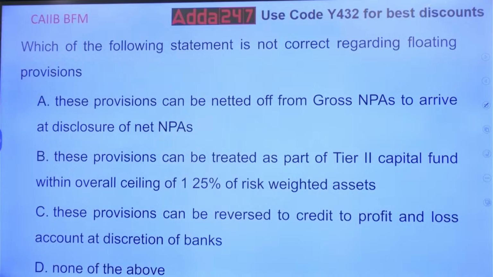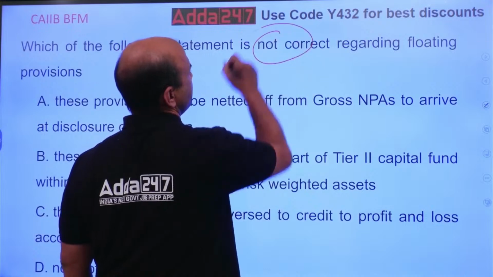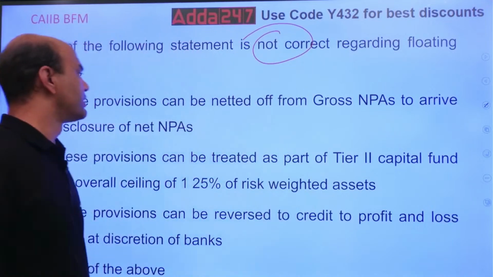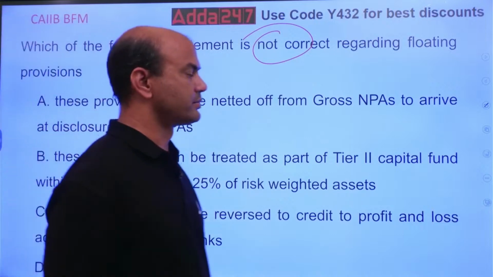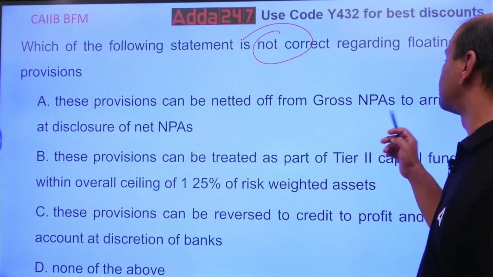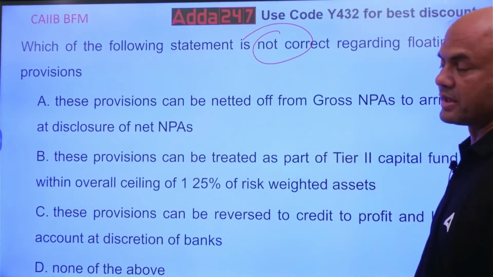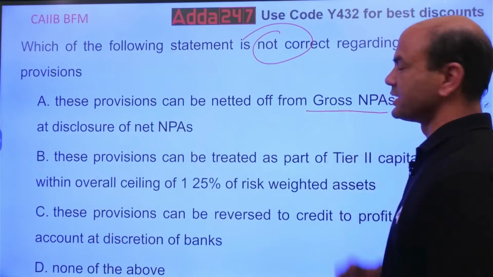You want the one which is not correct. So first let's see what is correct. These provisions can be netted off from gross NPA to arrive at a disclosure of net NPA.